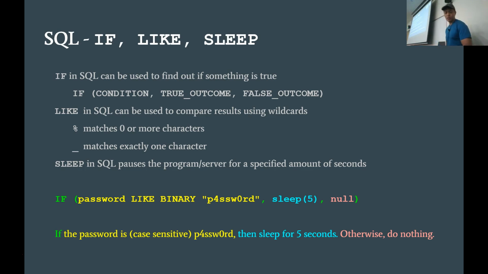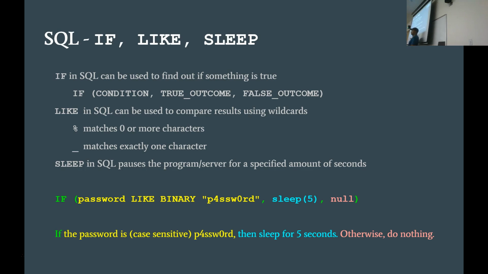So if you have something that looks like this, you can inject. If you have an HTML form that takes your parameters and feeds it into a SQL statement that is injectable, then you can inject a predicate like this: if the password column for that user is like this string, sleep for 5 seconds, otherwise do nothing.